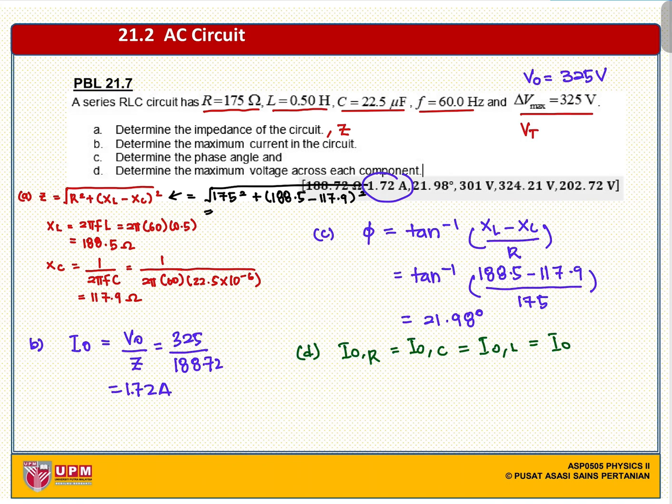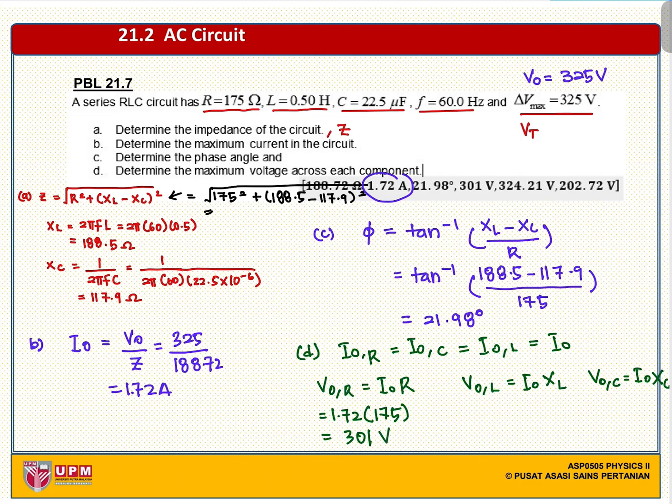So you can use V maximum across the resistor as I naught times R. For V maximum across the inductor, you can use I naught times X_L. And last, V maximum across the capacitor, you can use I naught times X_C. So this one you will have 1.72 times 175. So you will have 301 volt. Don't forget the unit is volt.